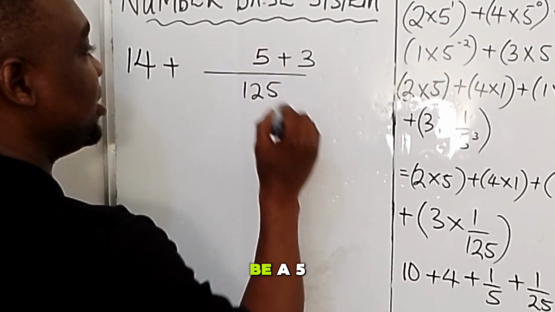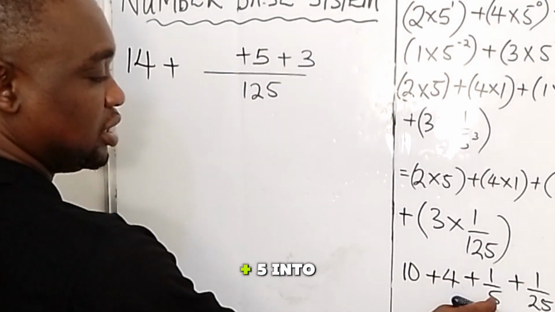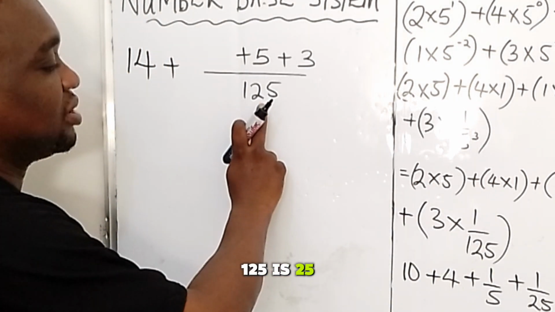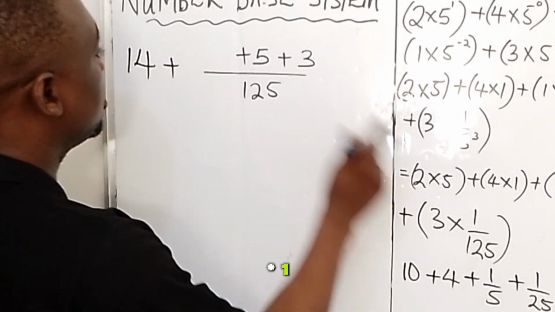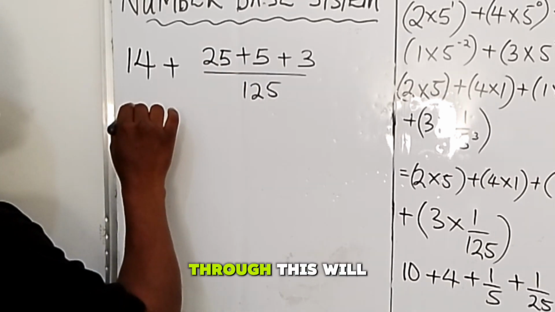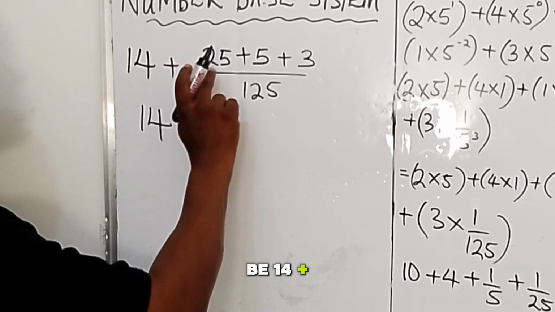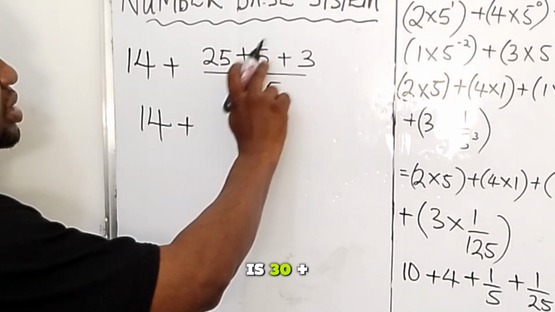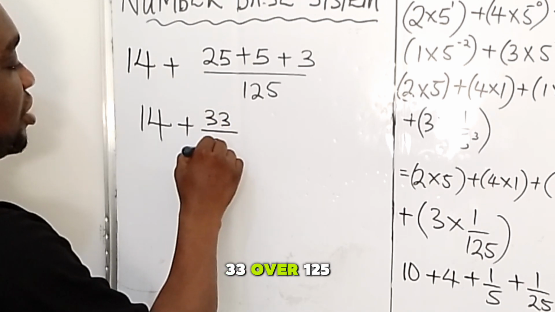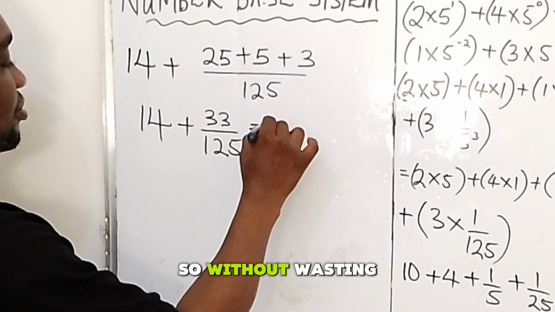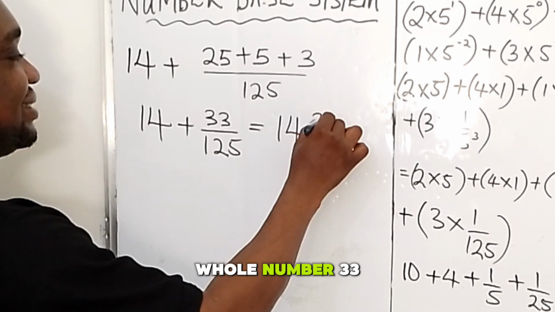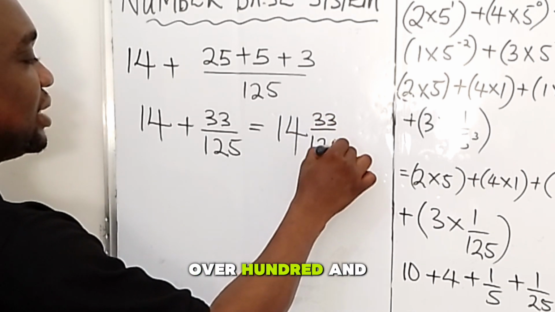That will still be a 5, plus 5 into 125 is 25, times 1. We still have a 25. So going through this will be 14 plus 25 plus 5 is 30 plus 3. That would be 33 over 125.